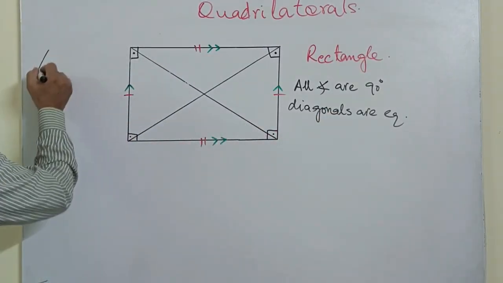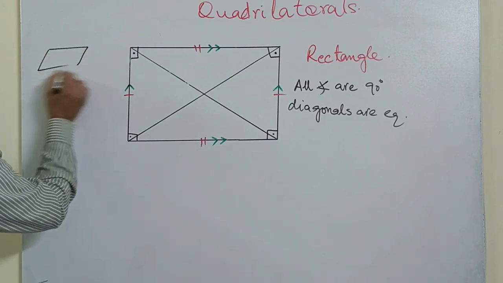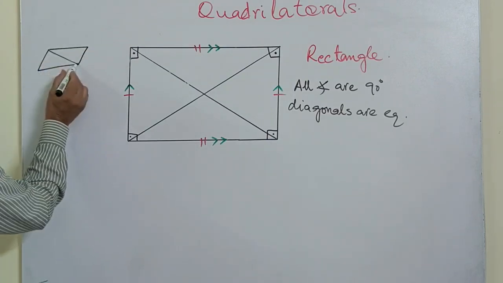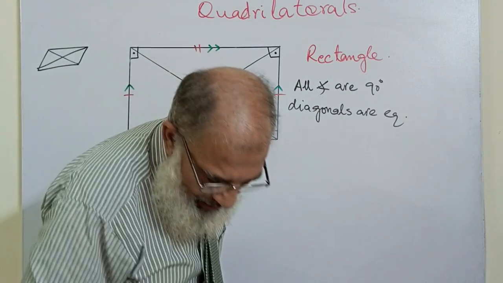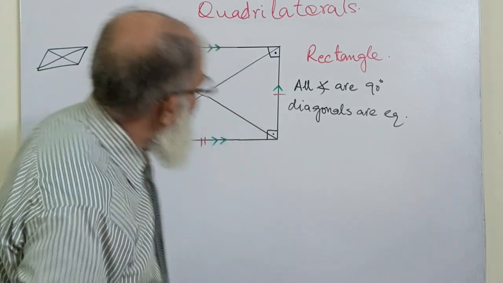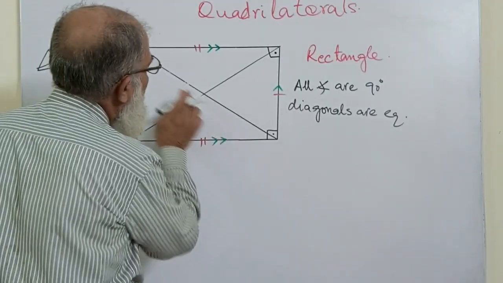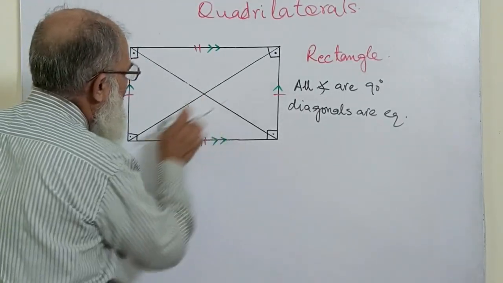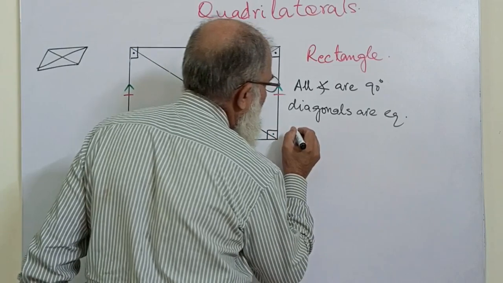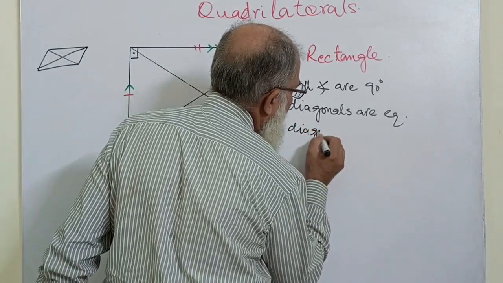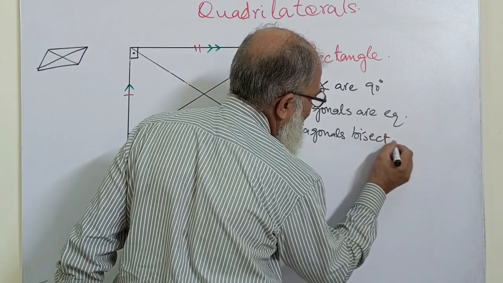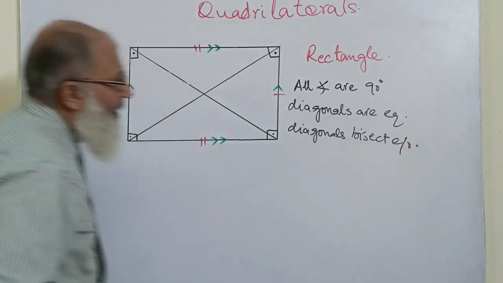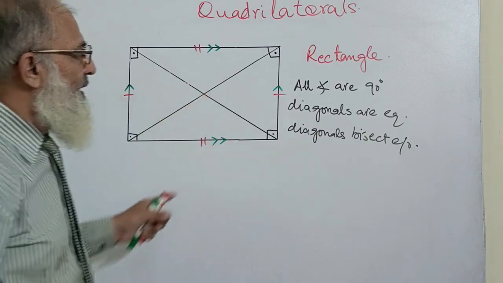You can see it over here: this is the shorter diagonal and this is the longer diagonal. Diagonals bisect each other. These two diagonals are also bisecting each other.